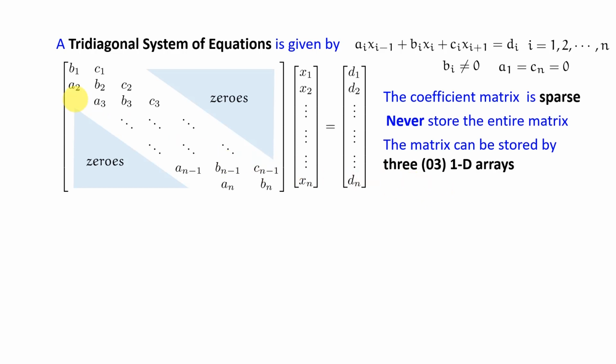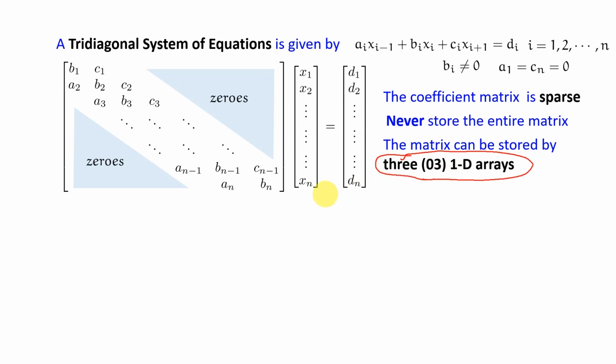This coefficient matrix A can have at max 3n non-zero terms, so we can have three one-dimensional arrays to store it. As we discussed in our previous lecture, if this is an n cross n matrix, we have n square elements here, but only 3n elements could be non-zero. So we'll have three one-dimensional arrays, each with a dimension of n.